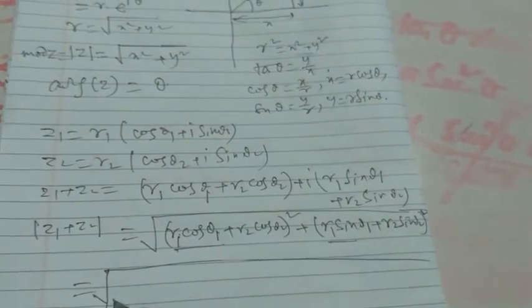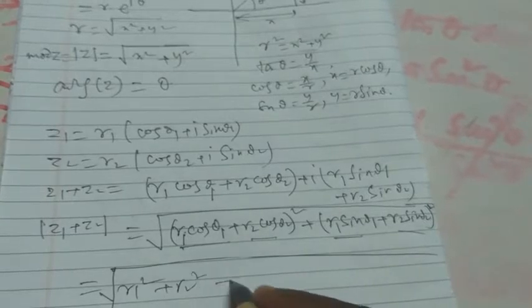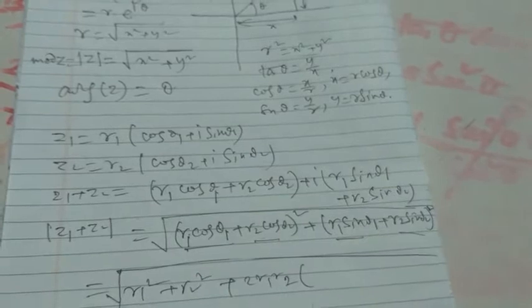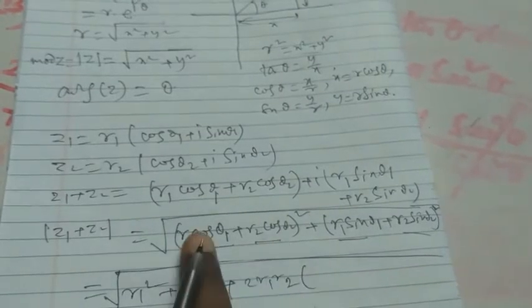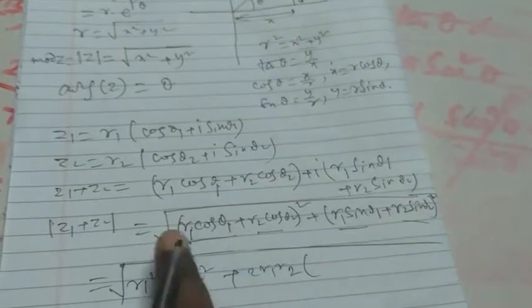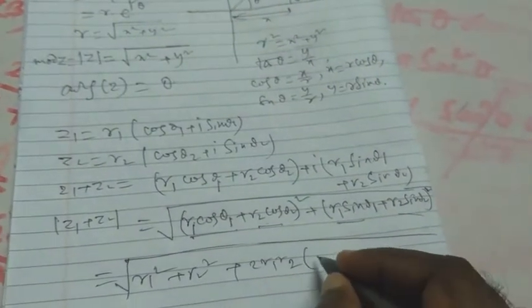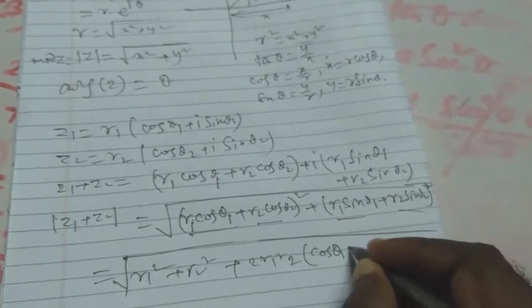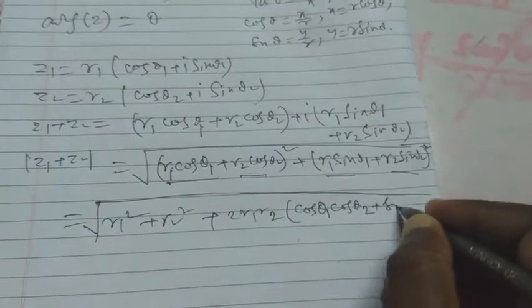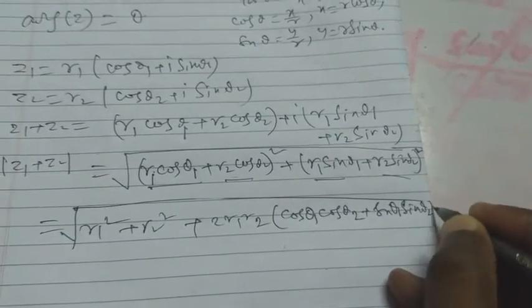This square plus this square is r1 square. This square plus this square is r2 square, and from that 2 r1 r2 taking common, like (a plus b) whole square, a square plus b square plus twice ab. Both the twice ab terms we take common, 2 r1 r2, and then left here cos theta 1 cos theta 2 plus sin theta 1 sin theta 2.